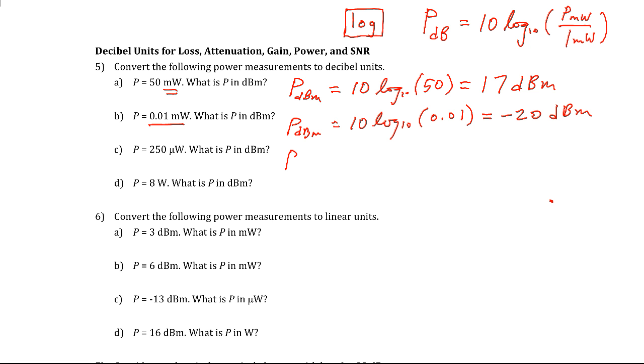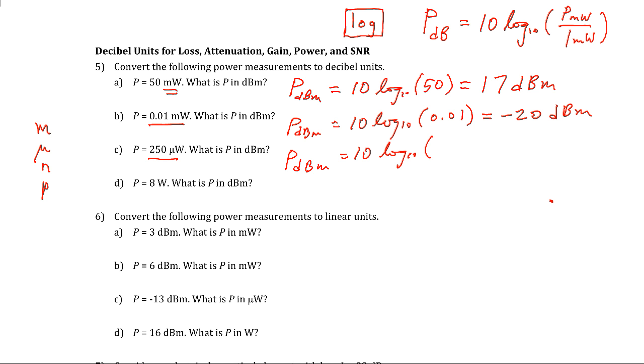Next, P dBm is 10 log base 10. Now I need the value in milliwatts. I've got 250 microwatts. Microwatts are smaller than milliwatts by a factor of 1,000 because it goes milli, micro, nano, pico. So 250 micros is 0.25 milliwatts.